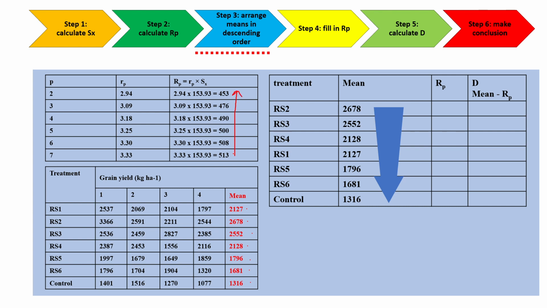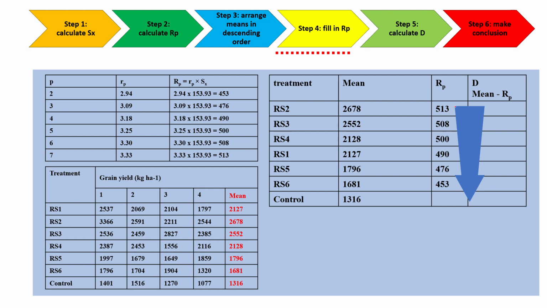So 513 needs to be filled in over here, followed by 508, 500, 490, 476, 453. So that's how you fill in your RP, which is also in descending order. Descending order for your mean first, and only after that fill in RP.